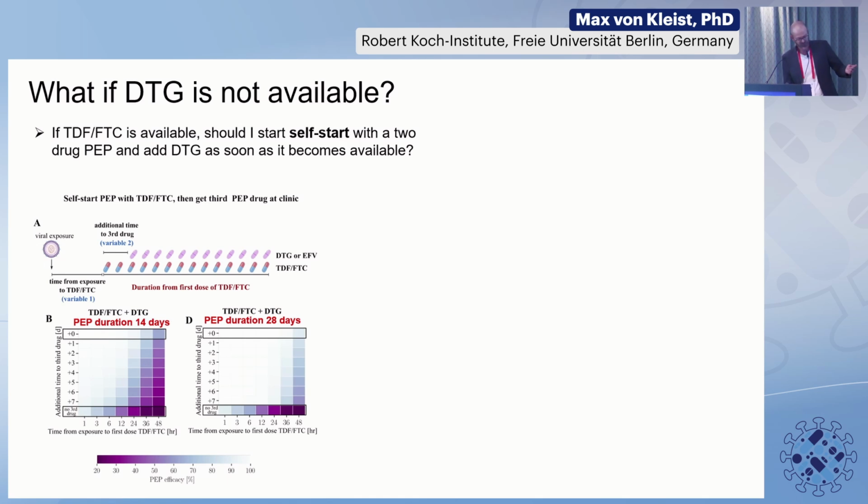And this is quite nice because what you can actually do, if, let's say, the first 2 drugs were initiated 24 hours post-exposure, if you add the third drug like 7 days later, and the whole PEP course is 4 weeks from the first initiation of the 2 drugs, then you still achieve like a 90% reduction in HIV incidence.